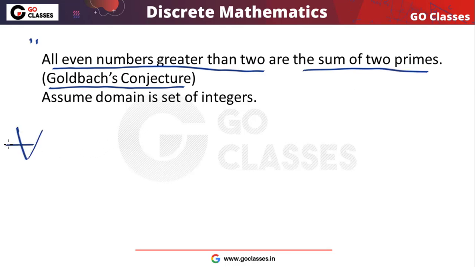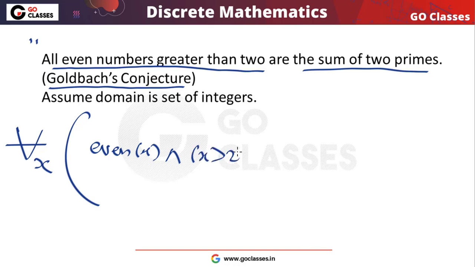For all x, if x is even and x is greater than 2, then what should happen? Then you can say this x is a sum of two primes.